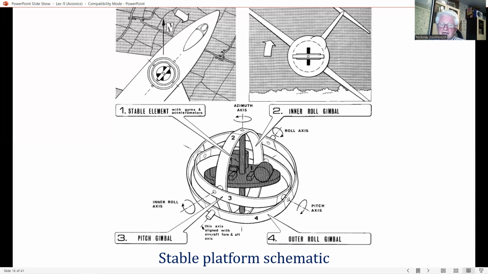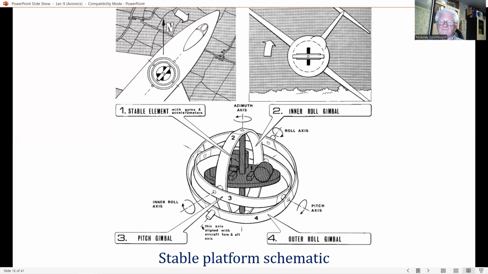And the Euler angles are then computed from the body rate information by the system computer. But it should be noted that a stable platform system and a strap-down system are mathematically equivalent systems. The function of the mechanical gimbal is carried out by the strap-down system computer, which in effect contains a mathematical model of the gimbal.